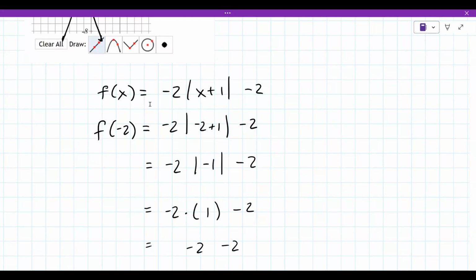It's -4. So -2, -4. That makes sense. And then for the vertex, -1, -2 based on that formula. And you can get it from there, or just by plugging in.